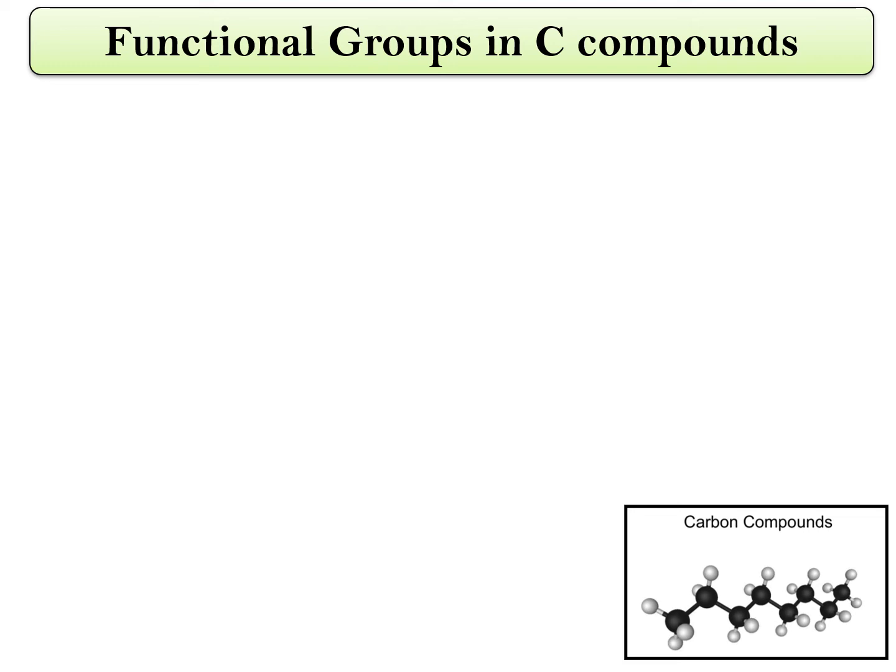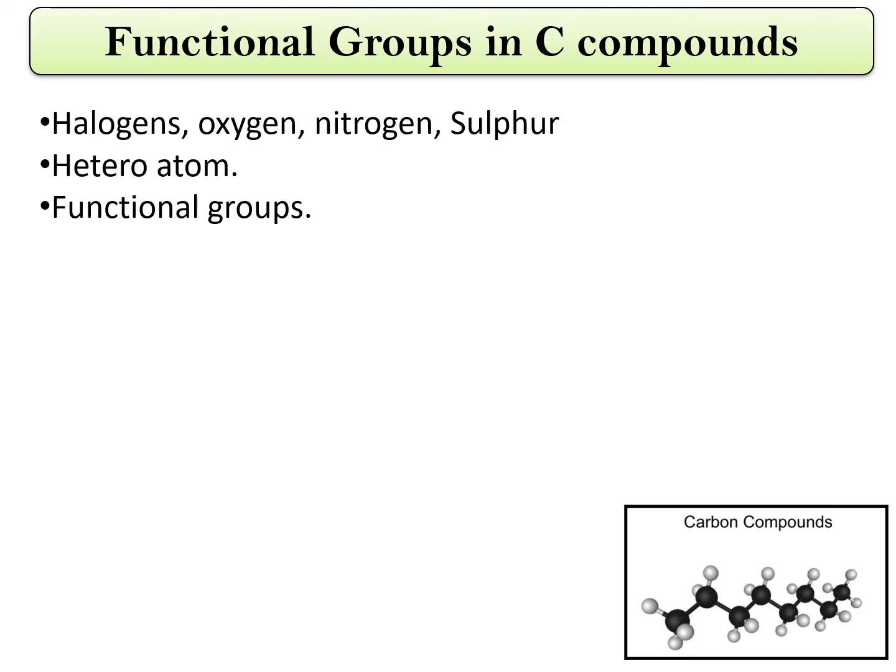To fulfill its valency, the hydrogen can be substituted by other substituents such as halogen, oxygen, nitrogen, or sulfur. When halogen, oxygen, nitrogen, or sulfur atoms are substituted for hydrogen, they are called heteroatoms.